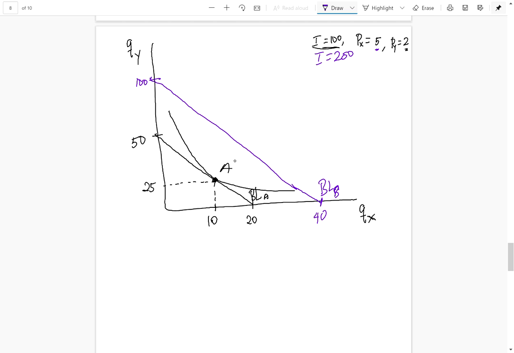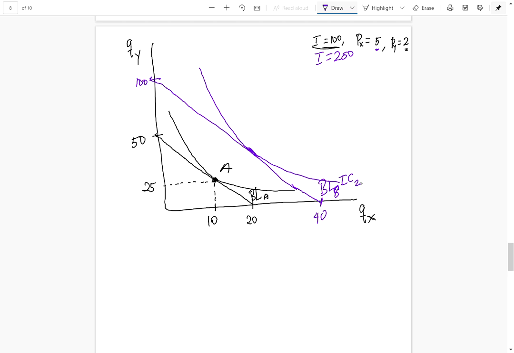So we're looking for her new consumption point here. We want a curve that just touches her budget line. We'll call this IC2.